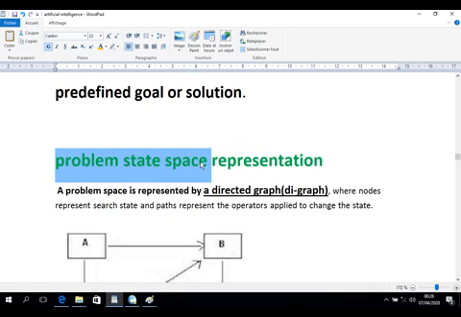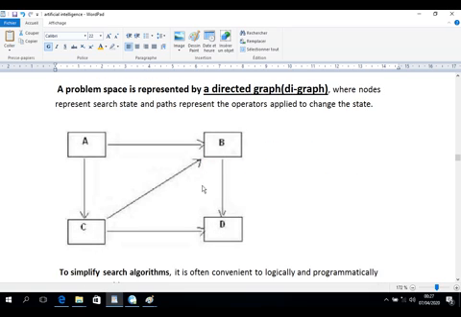Now, how do we represent the problem space or the state space so that we can search or we can find a path from the initial state to the goal state?